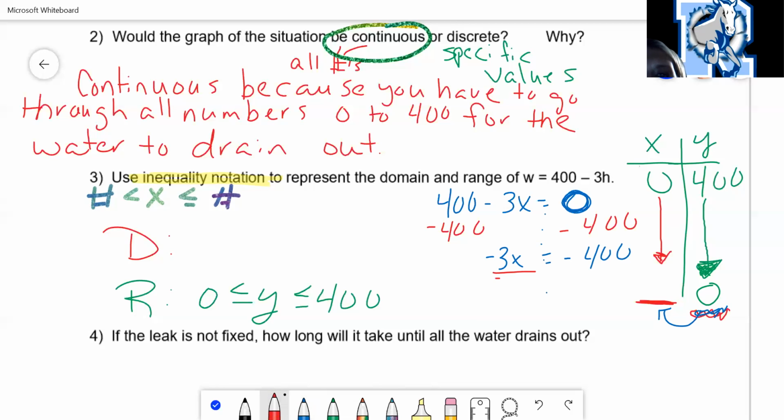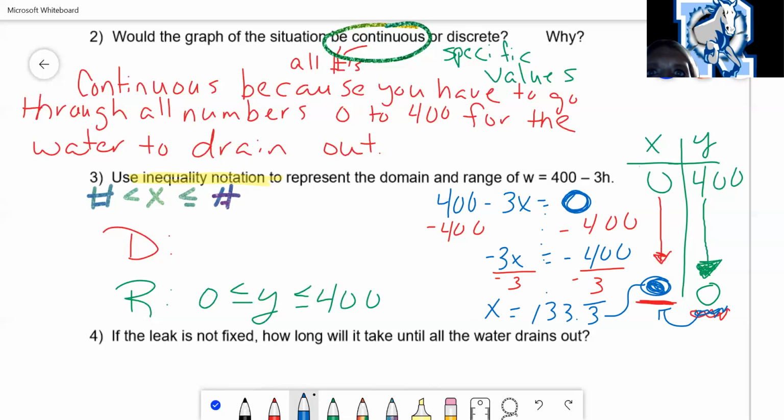Then when I divide by negative 3, I get x equals 133.3 repeating. That's what goes right here. Because it's going to take 133.3 hours in order for all that water to drain out.